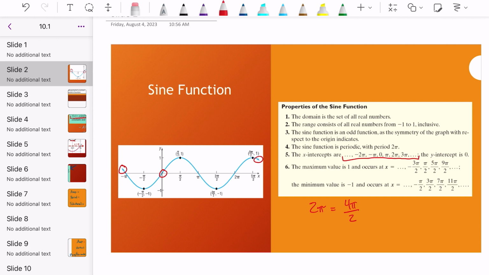So considering that, we would take a look at our maximum value, which would be pi over 2.